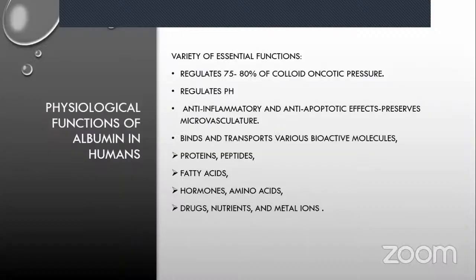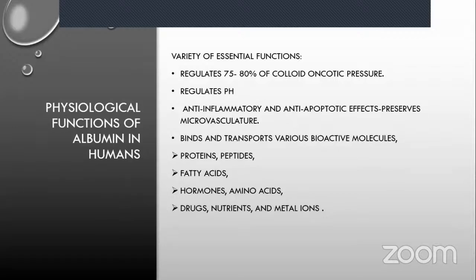Physiological functions of albumin in the human body. A variety of essential functions are done. It regulates 75 to 80% of colloid oncotic pressure, regulates pH, like we have seen, and has anti-inflammatory and anti-apoptotic effects. These help in preserving microvasculature. So in one of the cartoons that have been projected, the endothelial glycocalyx has got some albumin, which is protective. Someone was doubting whether albumin is protective.